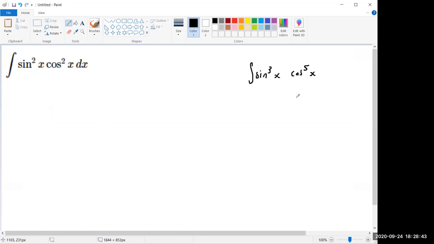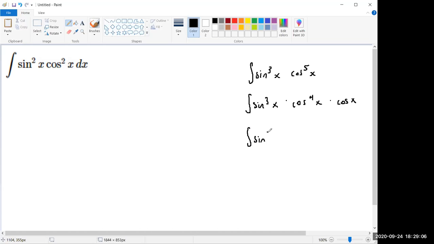So we split sine, but we can also split cosine. The reason why is because we can write it like this: sine cubed of x times cosine to the 4th of x times cosine of x.